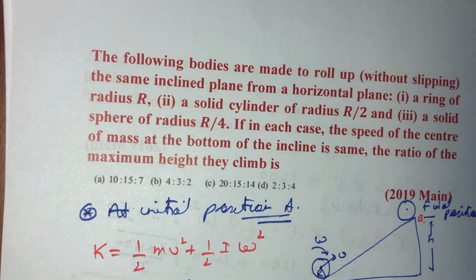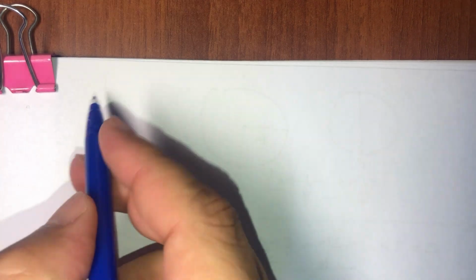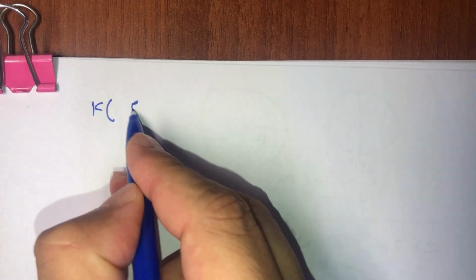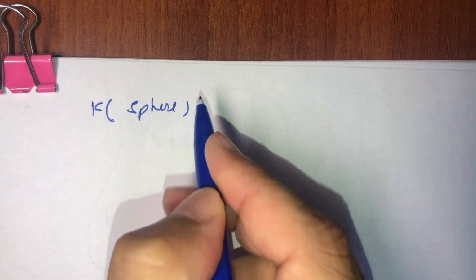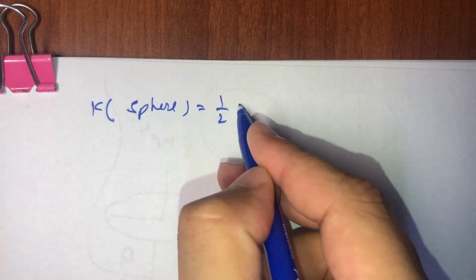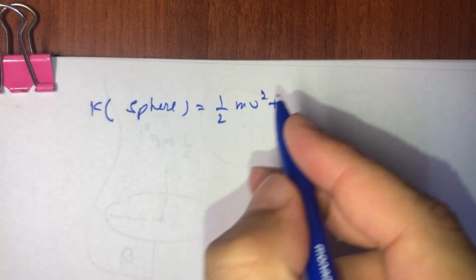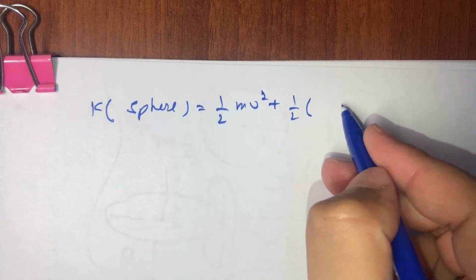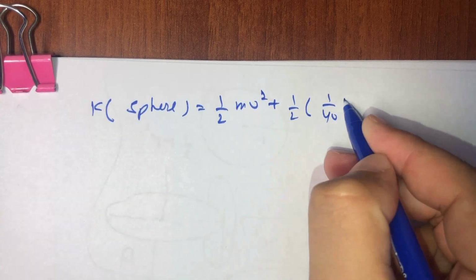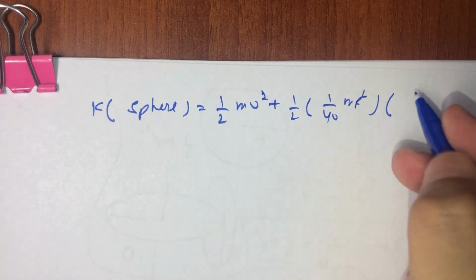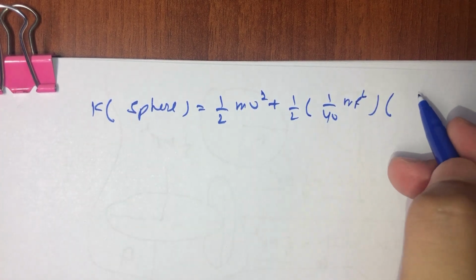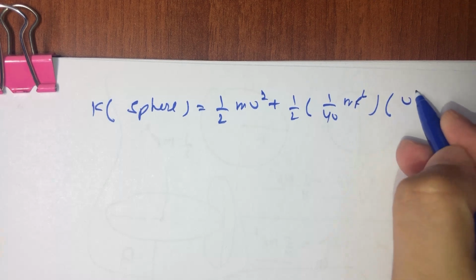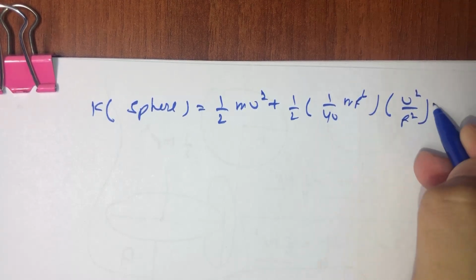Now let us find out similarly for our sphere also. So the kinetic energy for the sphere will be equal to half mv square plus half the moment of inertia of the sphere, which is 1 upon 40 mr square, and its radius is given as r by 4. So this will be v square upon r square multiplied by 16.